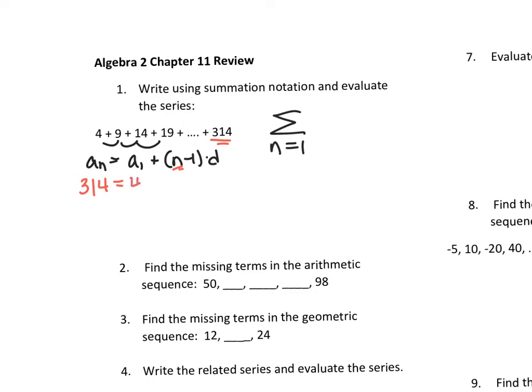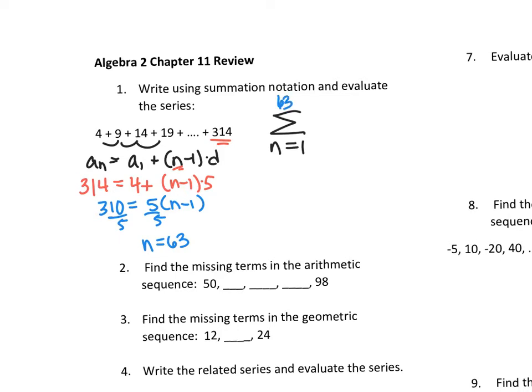So the first term is 4 plus n minus 1, and my common difference is 5. So what I do is I need to solve for n. So I'm going to subtract 4 and then divide by 5 and then add 1 at the end, so I get n equals 63. So there are 63 terms. So I need that in order to write this in summation notation.